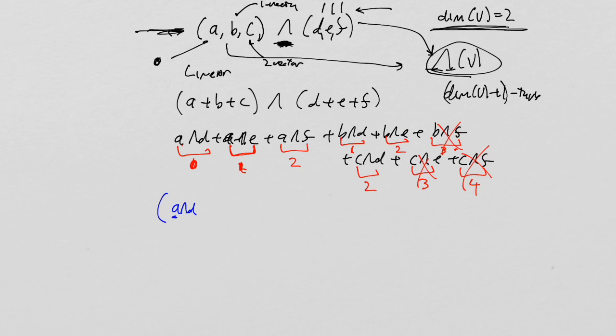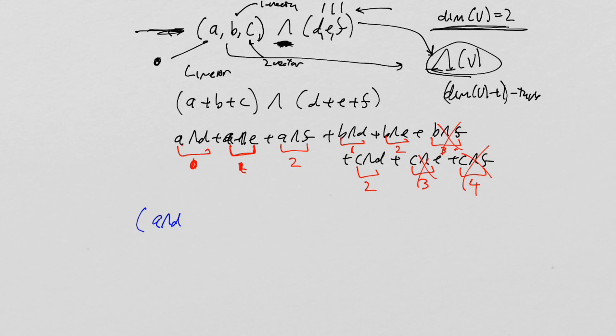Or whenever you have a 0 form, a wedge anything equals a times anything, right? It doesn't change the rank, I guess, of the tensor or of the form. So anyway, this is a wedge d.